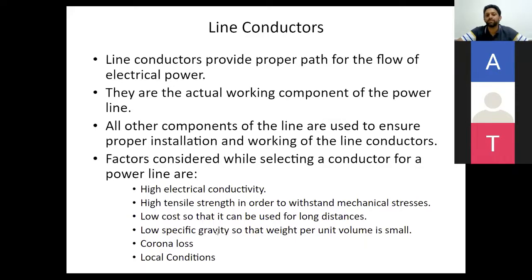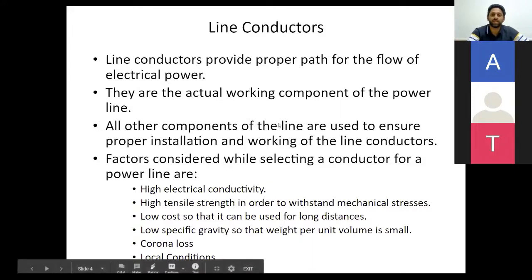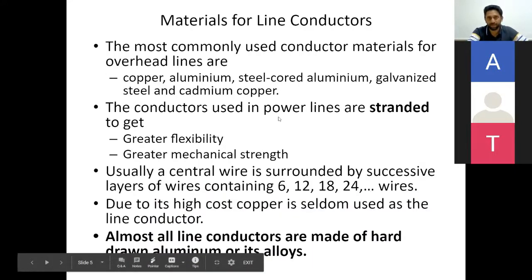Another important term to consider is corona loss. Inshallah, in another lecture we will discuss corona, and also local conditions. In places where you have chemical industries, you have to use some special conductors. But normally you can go for normal conductors like aluminum.